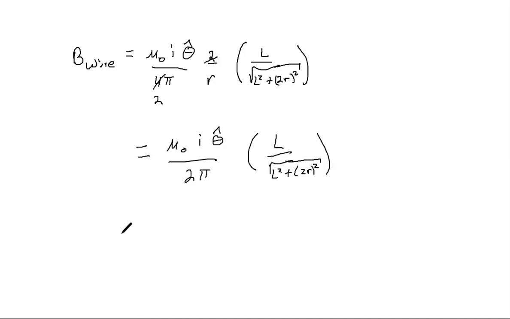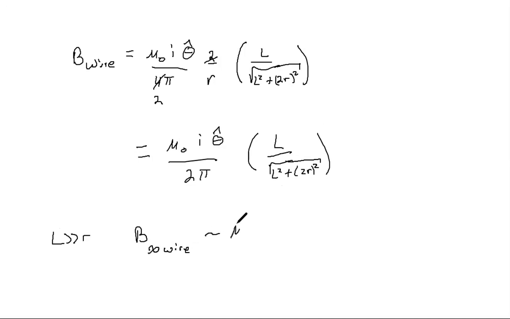Now, if L is much, much bigger than r, then you can basically ignore this piece right here. And in that limit, this ratio just becomes 1. So we get, that would become an infinite wire.